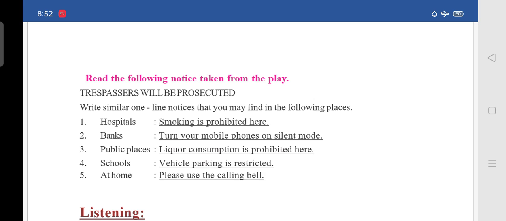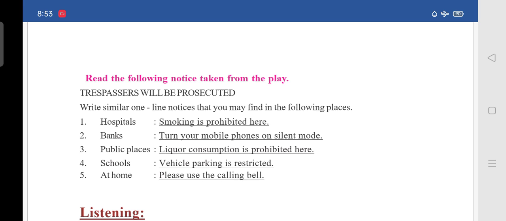So what they are asking us is, here Jane has kept a notice saying that trespassers will be prosecuted. If we find any one line notices in the below places which they have given, they are asking us to write here.